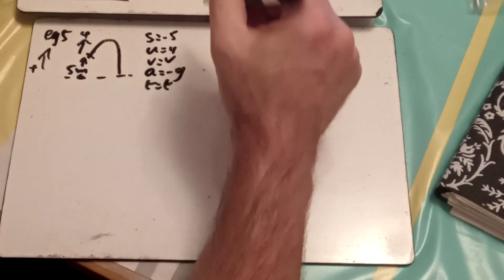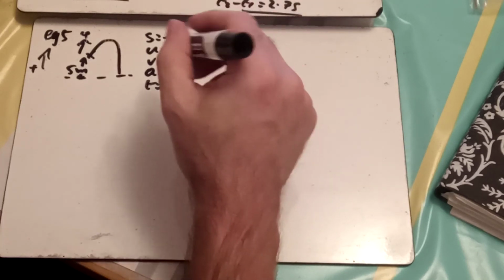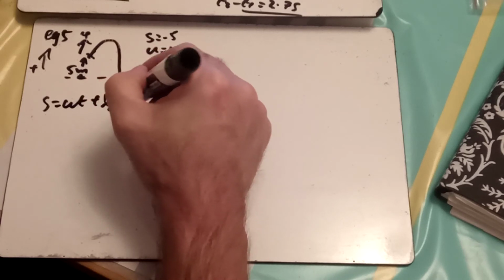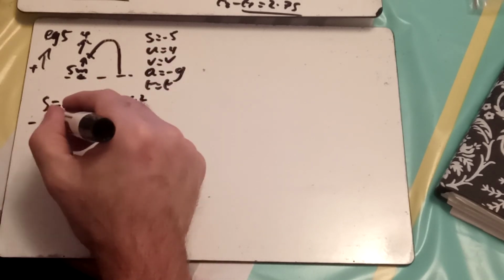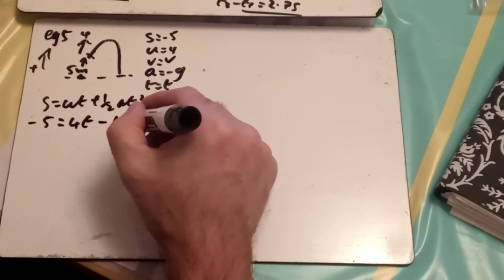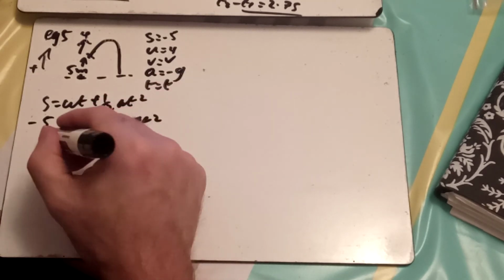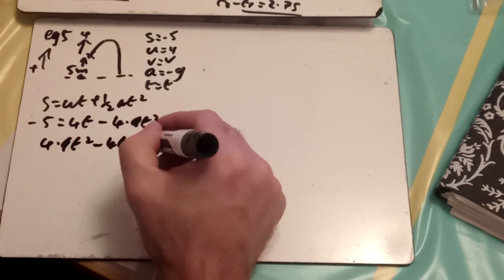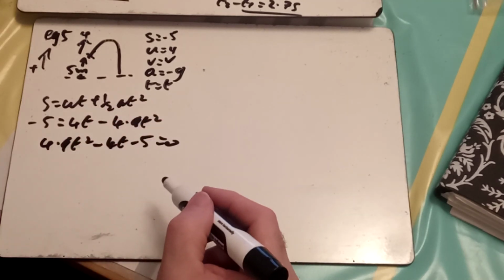So yet again, we want V, we want T. Guess what? S equals ut plus half at squared again. So minus 5 equals 4t minus 4.9 t squared. 4.9 t squared minus 4t minus 5 equals 0.